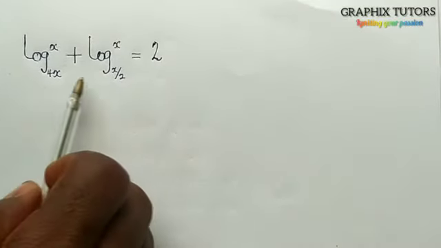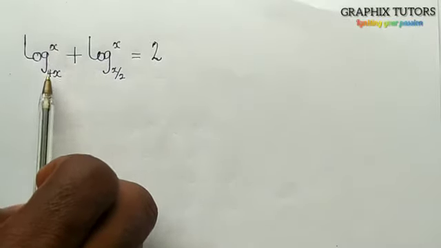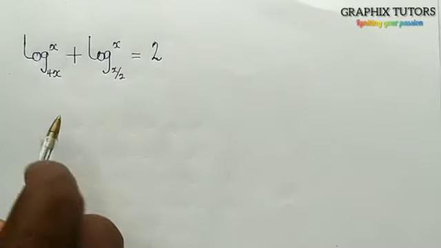So in this case, the base doesn't match. So I need to make this come here and I'll make this come here, right? So if I'm doing that, it means that what?